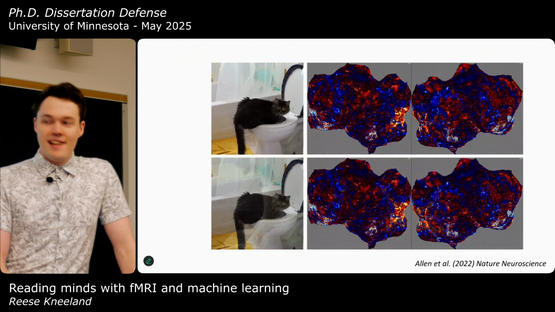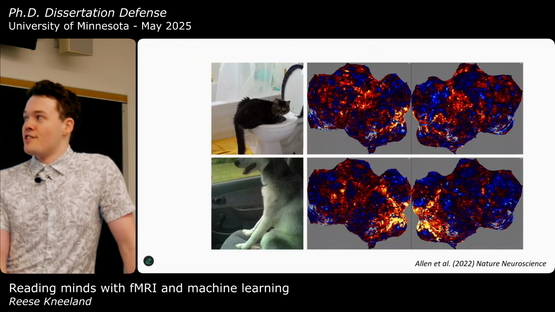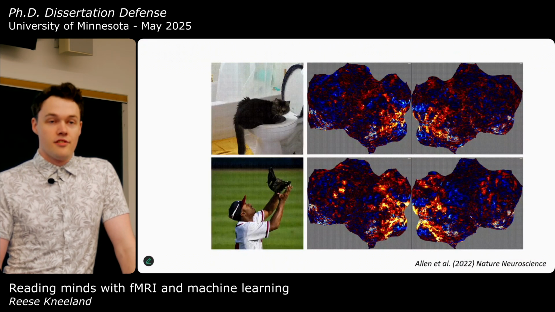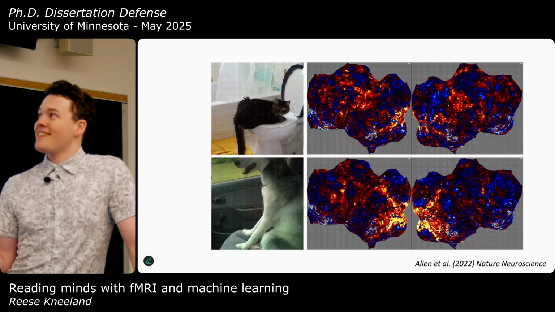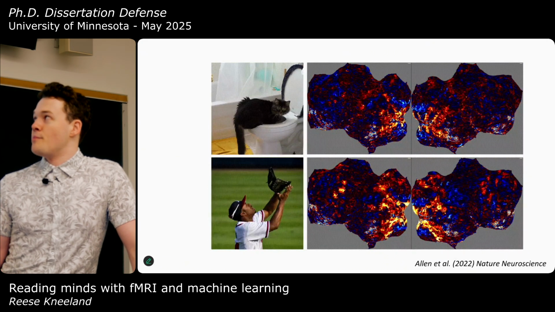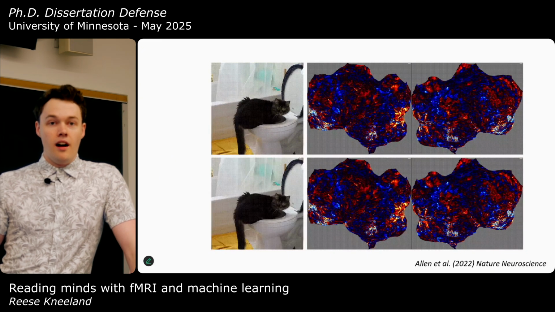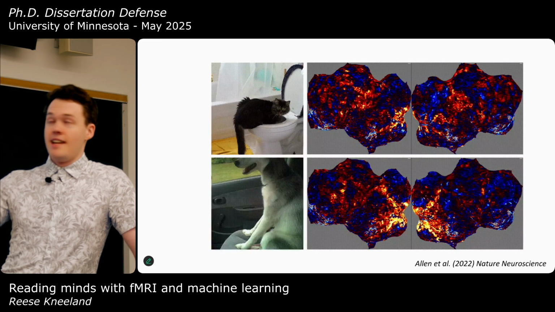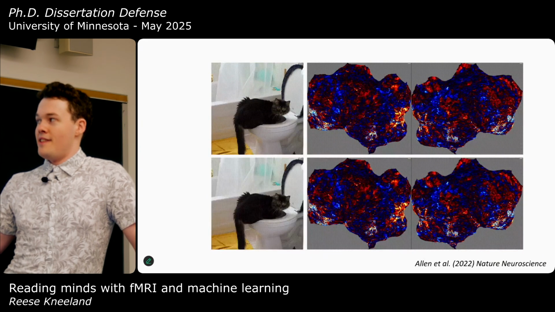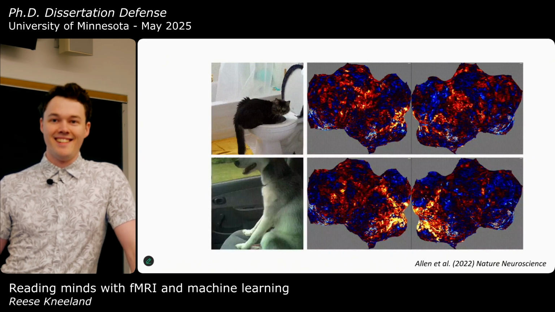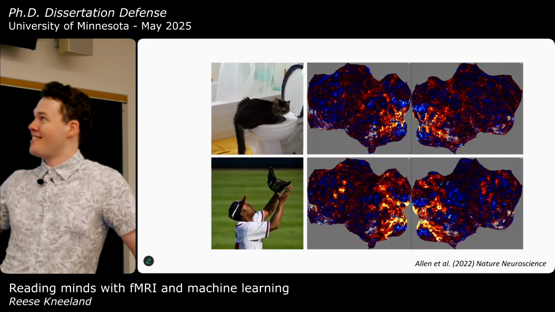But the fact of the matter is it's not always that simple. And if we start to look at complex images of natural scenes and of our everyday lives, it becomes a lot less obvious what's happening. So for example, the brain activity patterns on the top row are different repetitions of someone viewing that same image of a cat, whereas the brain activity patterns on the bottom row are of them viewing different images. And the thing to take away from this is that they're not that different, right?